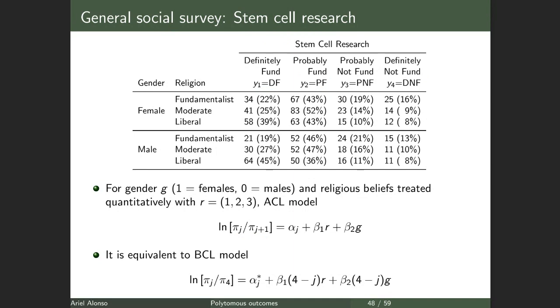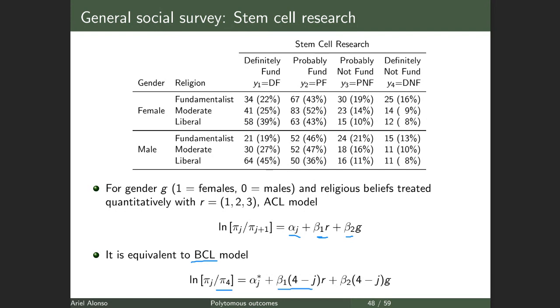We are going to have a different intercept depending on j, and then the effect of gender and the effect of religious belief are not going to depend on j. And we have seen that this is equivalent to fitting a base category logistic model in which you always compare with a reference category. In this case, I'm going to consider 4, definitely not fund, and then the coefficients will be just given here.